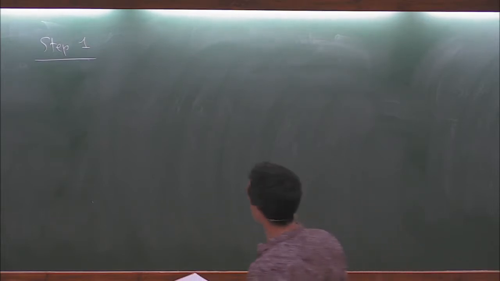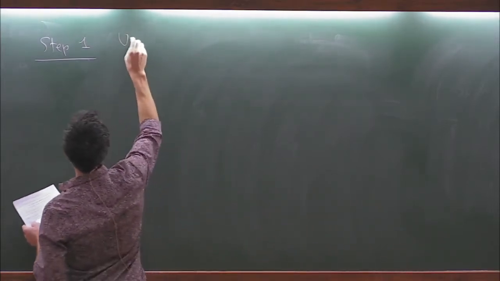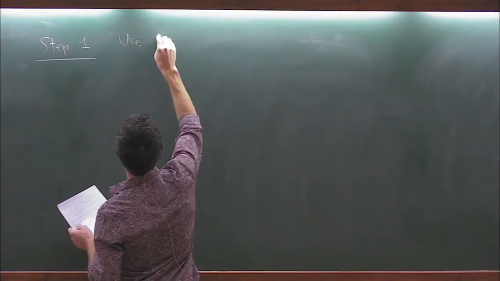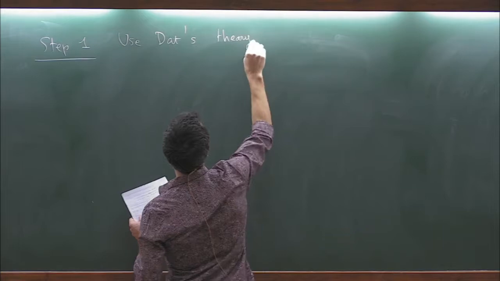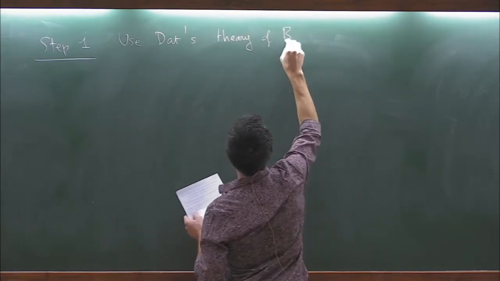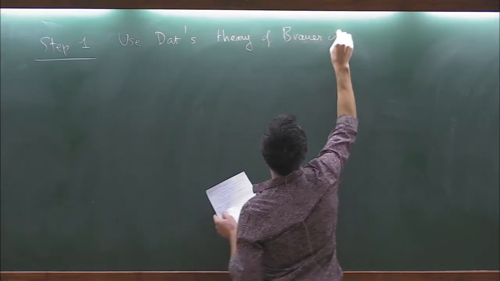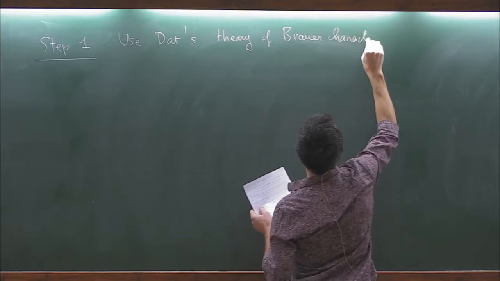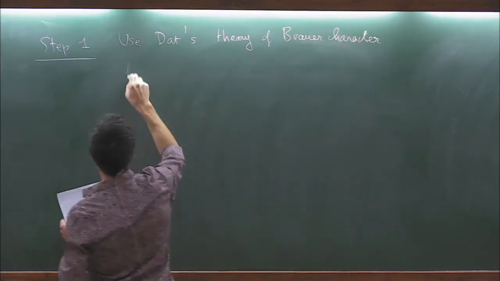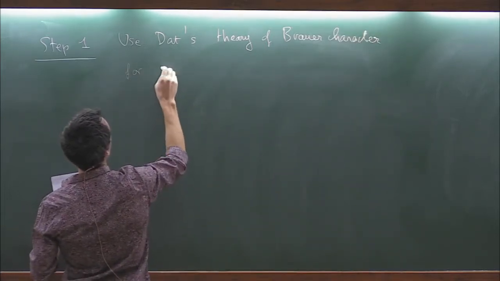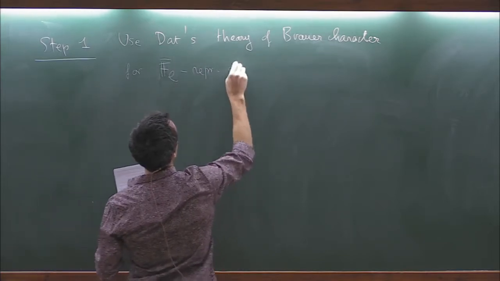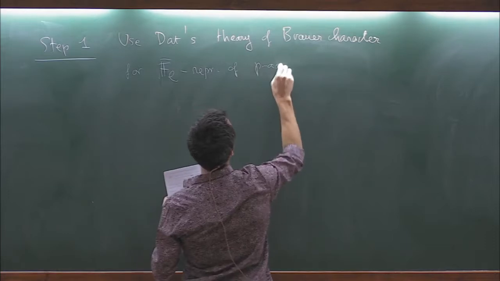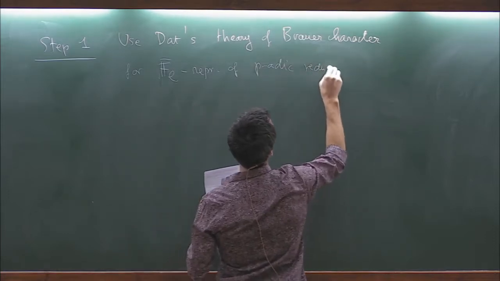The first step is to use the theory of Brauer characters for F_l bar representations of p-adic reductive groups.